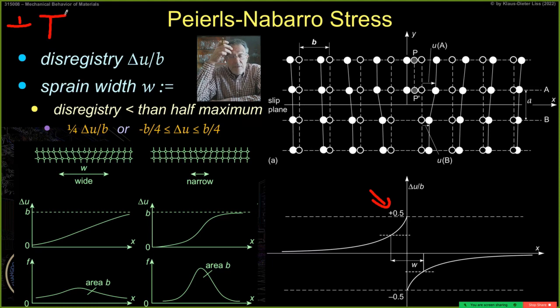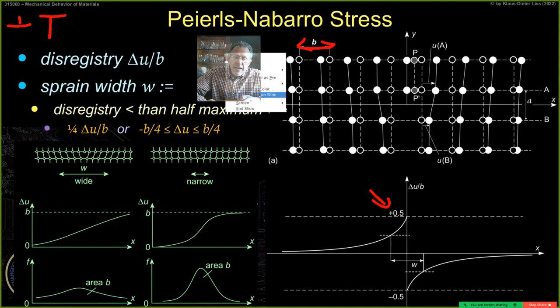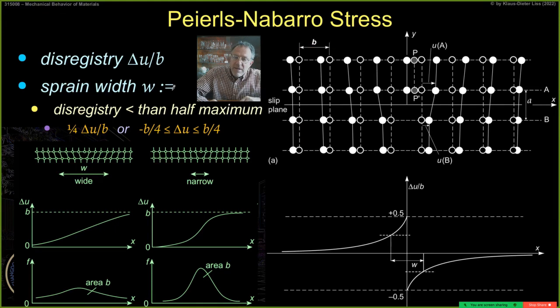So we can always add or subtract 1 times the periodicity, which is b in the horizontal direction along x, because that will be the Burgers vector. So we can always add or subtract 1 lattice translation vector b.